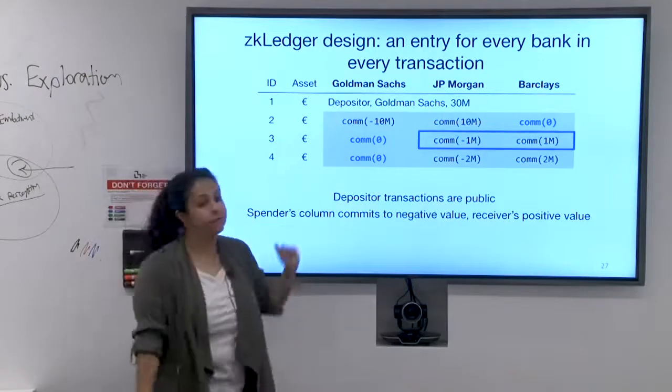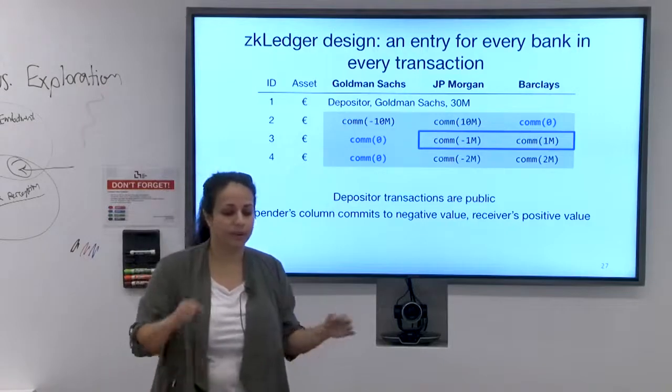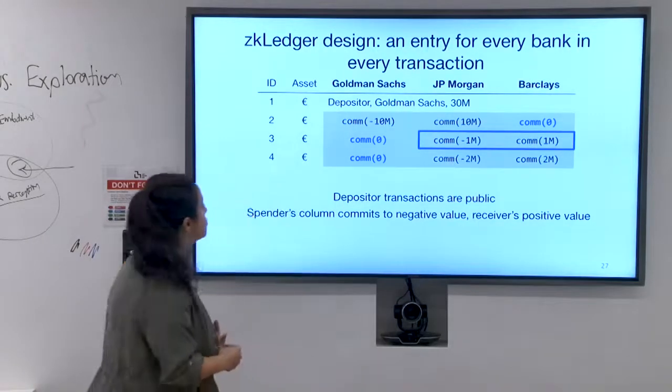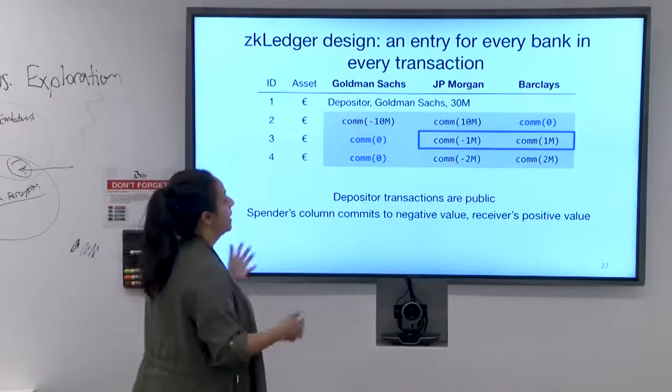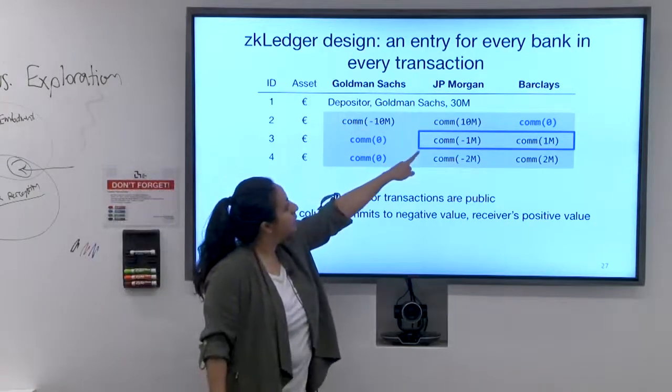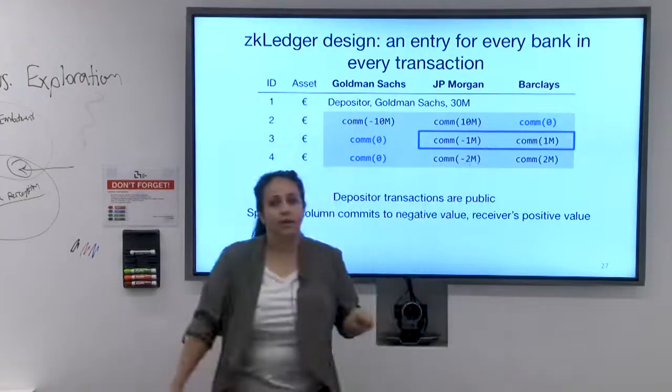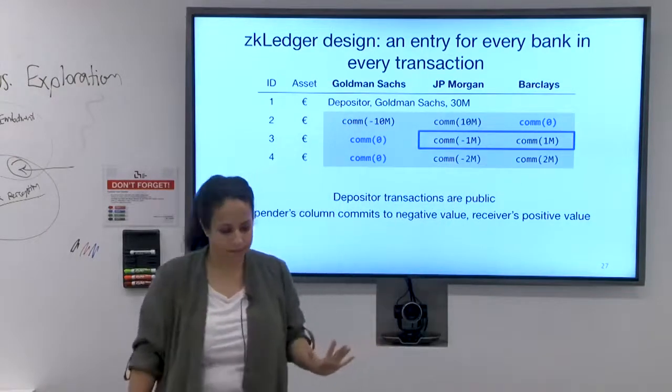And if it's doing the receiving, the creator of the transaction commits to a positive value. So the way that you transfer $1 million from one bank to another is committing to a negative value in the spender's column, here JP Morgan, and committing to a positive value in the receiver's column, here Barclays.